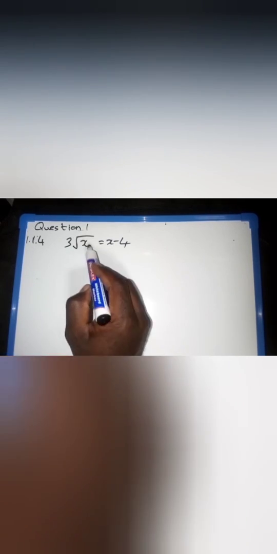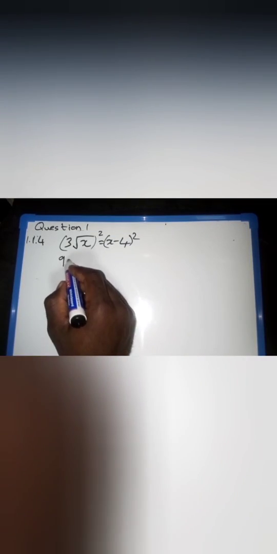So we're given 3 root x is equal to x minus 4. So the trick here would be to try to remove the square root. So to do that, I will square both sides, and that will give me 9x, right?